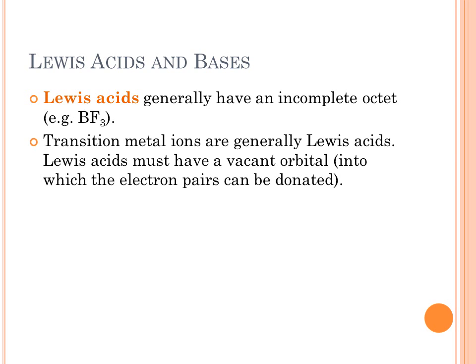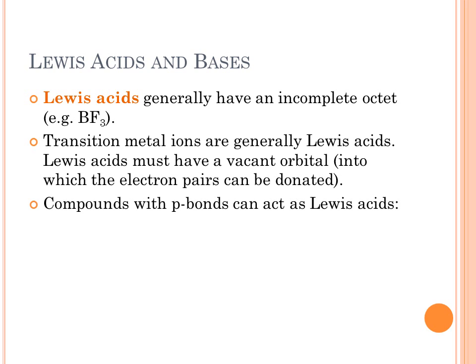But you've got those vacant d orbitals, and you can accept some electrons into there, so they can act as a Lewis acid. Compounds with pi bonds can act as Lewis acids. Most notably, carbon dioxide can react with water to form an acidic solution of carbonic acid, so to say. And that's why we boil our distilled water before we do any acid-base chemistry in it, because we want to make sure that the acidity, because of carbon dioxide, is not there.